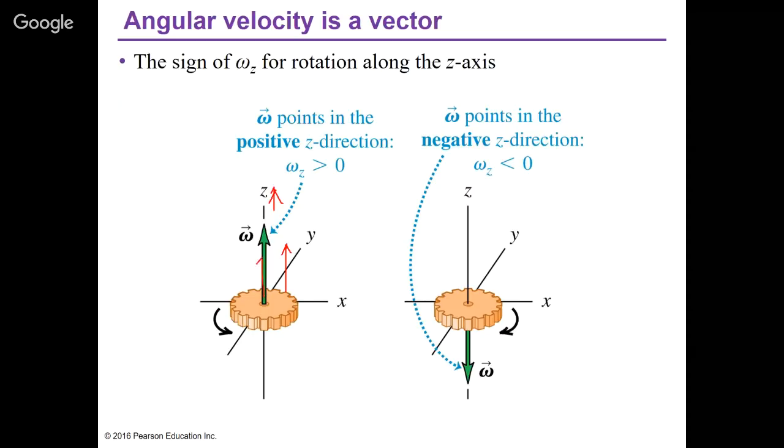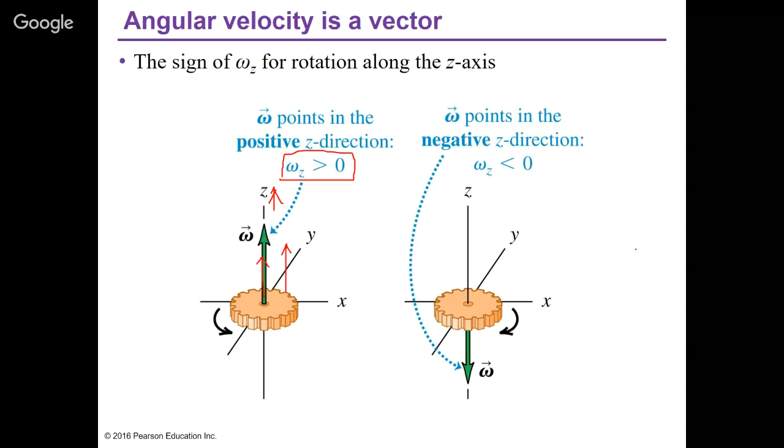So the angular velocity is pointing upward, which has a positive component projected along the z-axis, and of course the omega z, the z component of the angular velocity vector, would be a positive value.